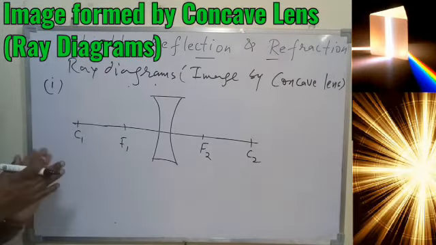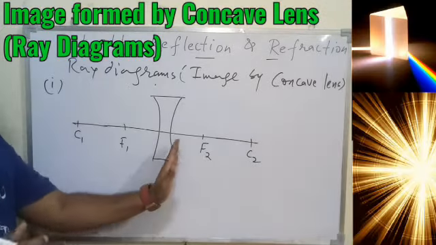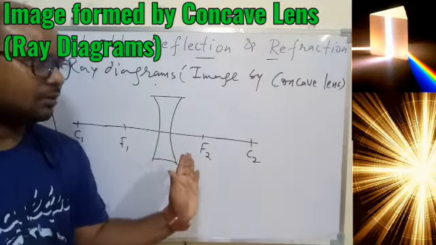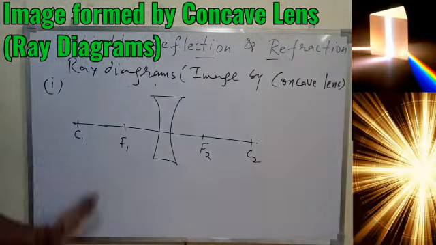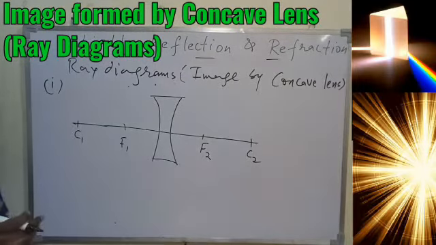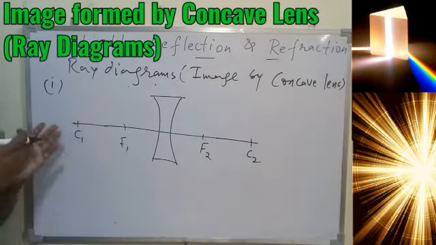In the case of a concave lens, since the focus, second focus and second center of curvature are on the other side, we don't have many situations like object at focus or object at center of curvature.